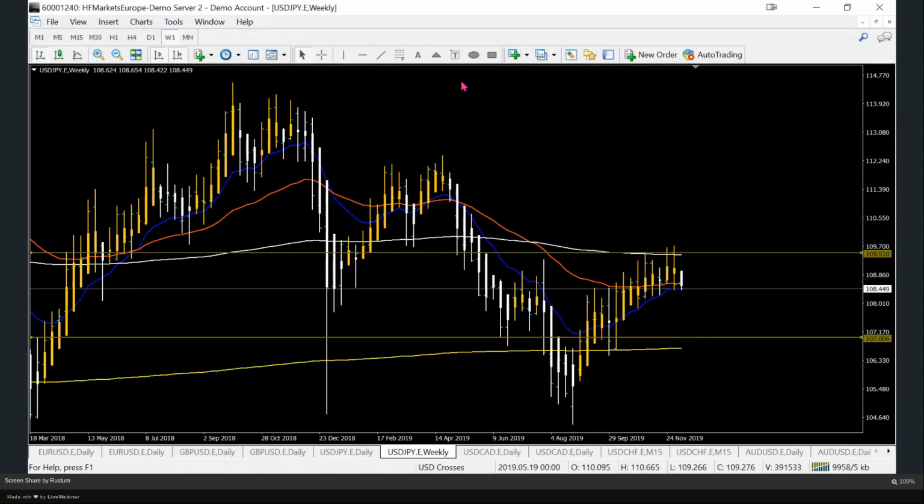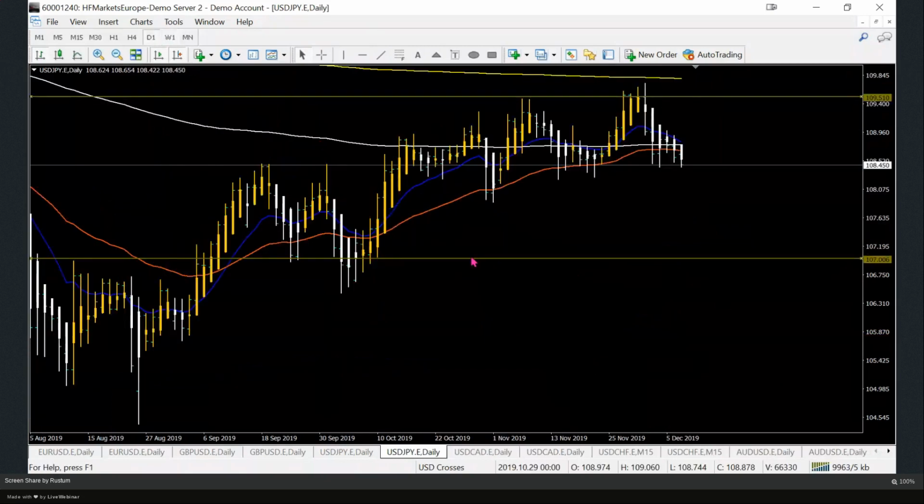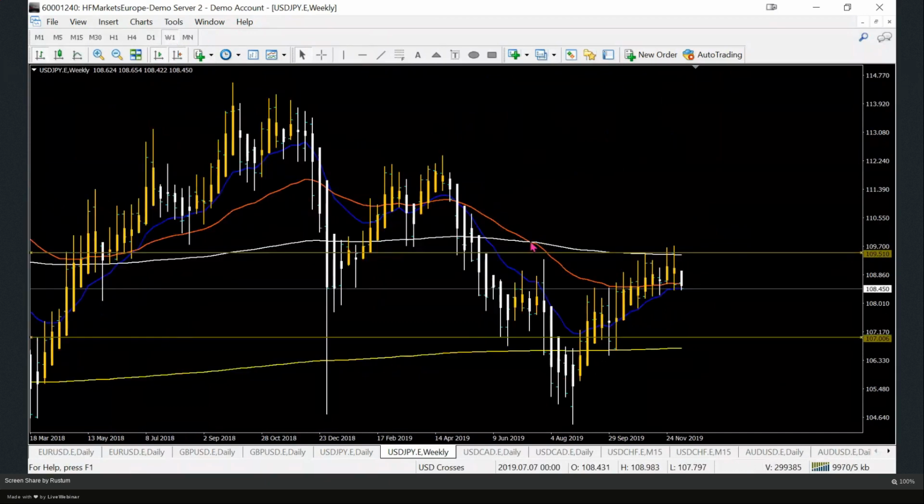You have your 200 pip playing field, and then you drop down to the daily chart, right? Now, the good thing is that if you go back to the weekly quickly, you can see here that your EMAs are parallel. They are not fanning out anymore. They are giving you a clue.